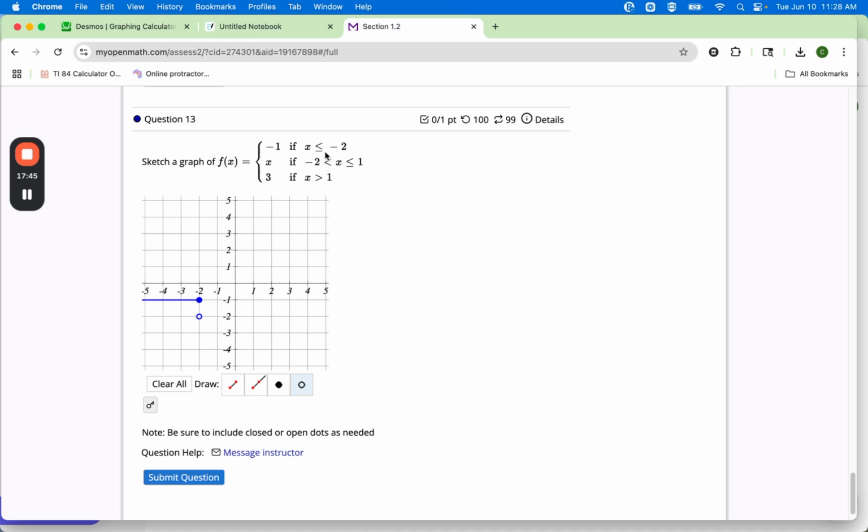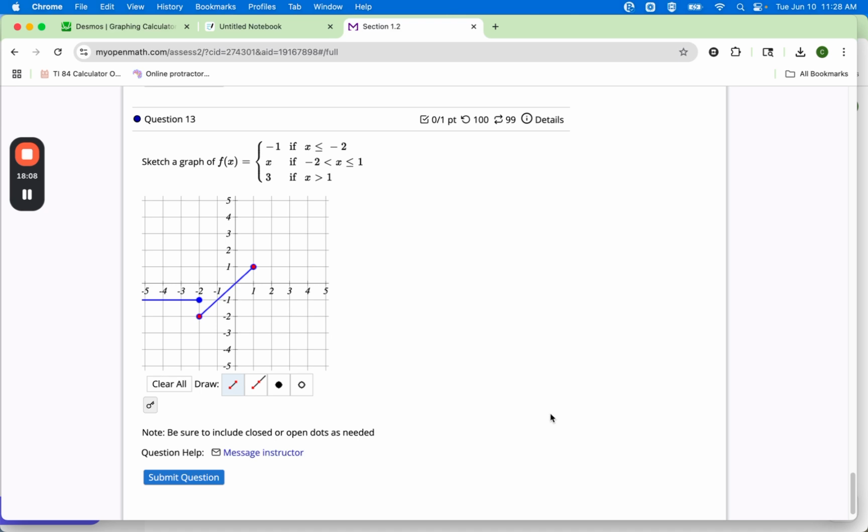Open circle because it's negative 2 less than x. And then 1, 1, closed circle because it's less than or equal to. Then I need a line segment between those, so I'm going to grab the line segment tool right there and draw in between those two. And there you go. So that's the second piece.